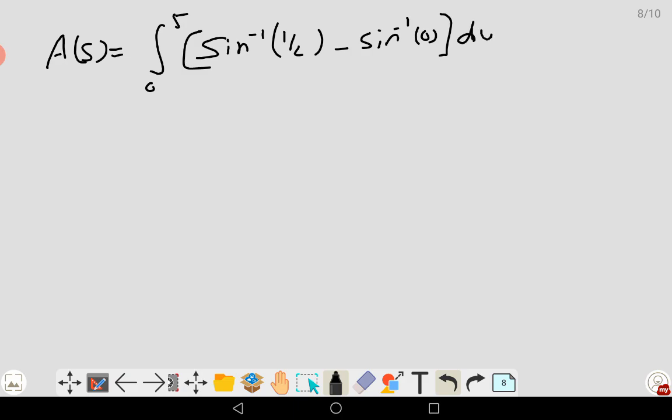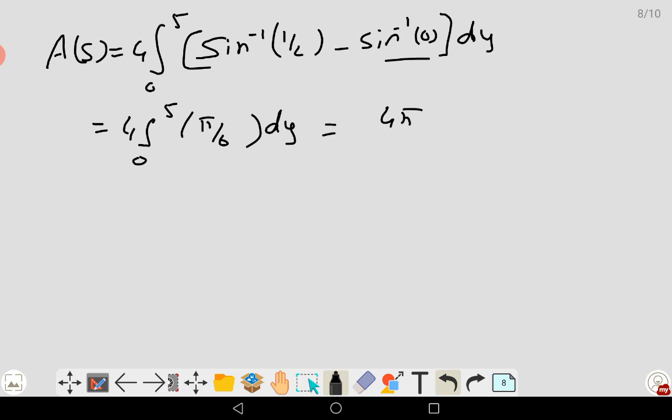Outside there is a term integral with respect to y, isn't it? And you know sin inverse 1 by 2, use a calculator, you will get pi over 6. The second term, sin inverse 0, will be 0. There is a 4 outside. So 4 pi over 6 is constant, integral 0 to 5 dy, isn't it?